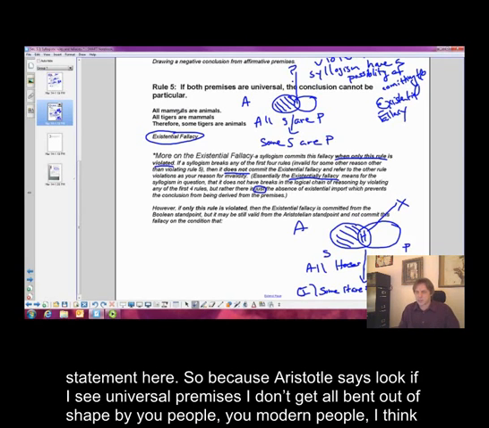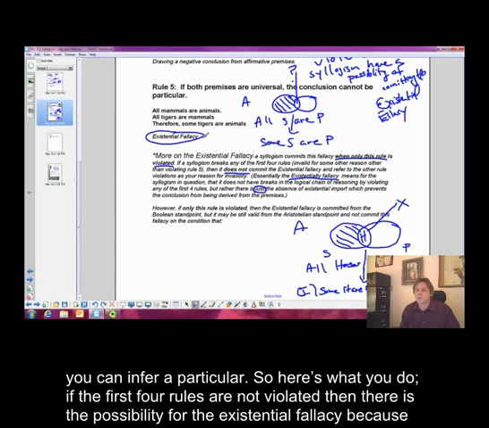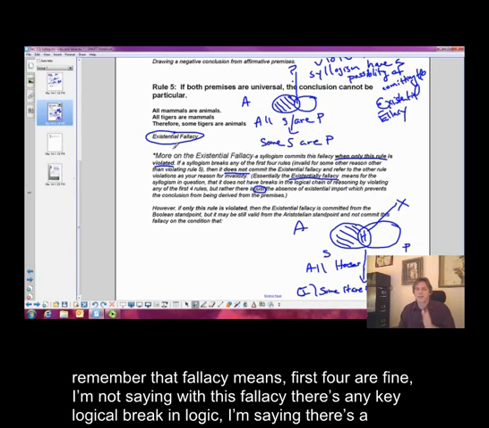So Aristotle says, look, if I see universal premises, I don't get all bent out of shape by you modern people. I think you can infer a particular. So here's what you do. If the first four rules are not violated, then there is the possibility for the existential fallacy, because remember, that fallacy means the first four are fine.